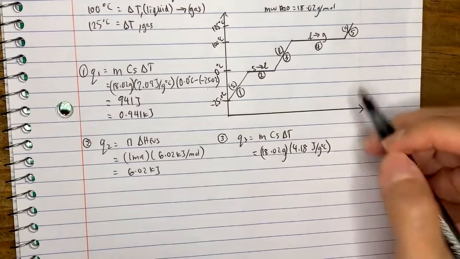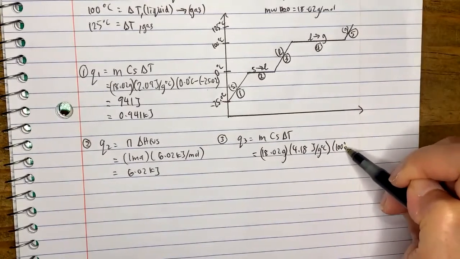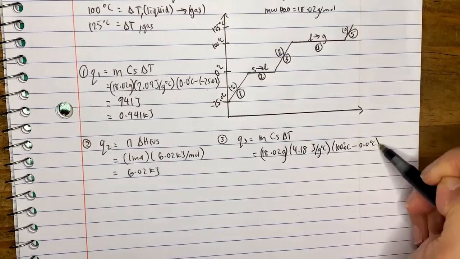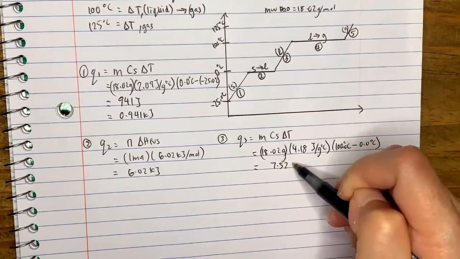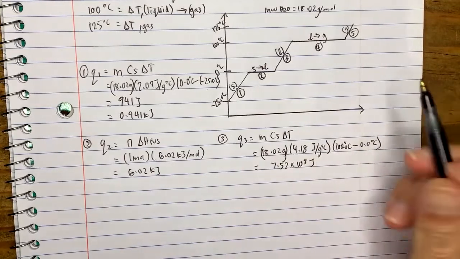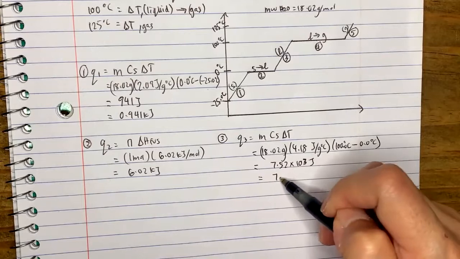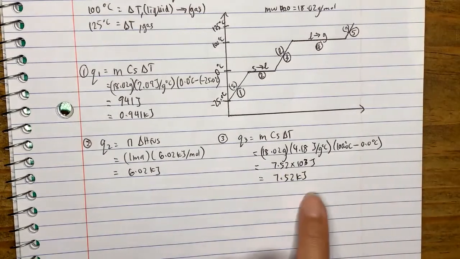And my temperature change is final minus initial, so 100 degrees Celsius minus 0 Celsius. Okay, that's going to give me 7.52 times 10 to the power 3 joules. And if I needed to convert to kilojoules, just divide by 1,000, so it's 7.52 kilojoules. So that's for step 3.